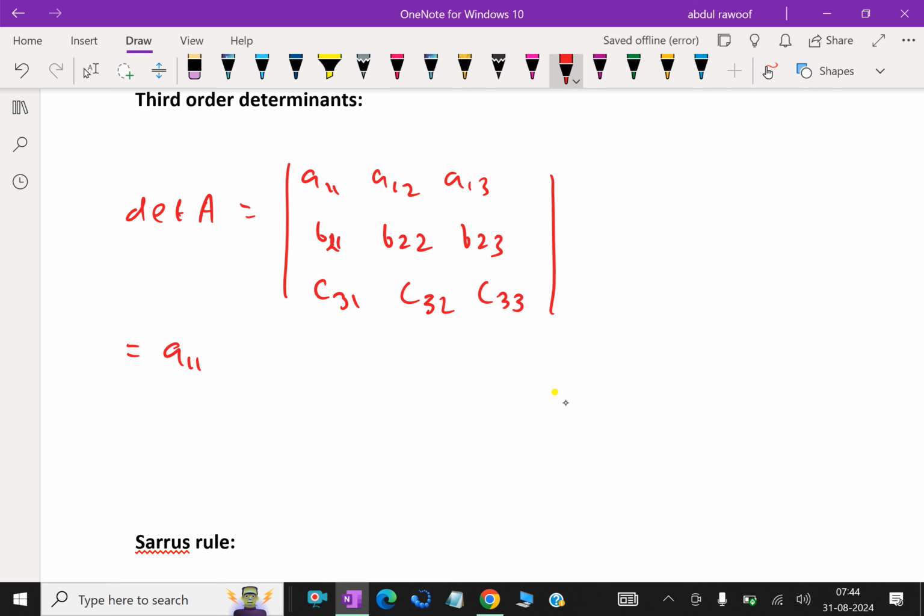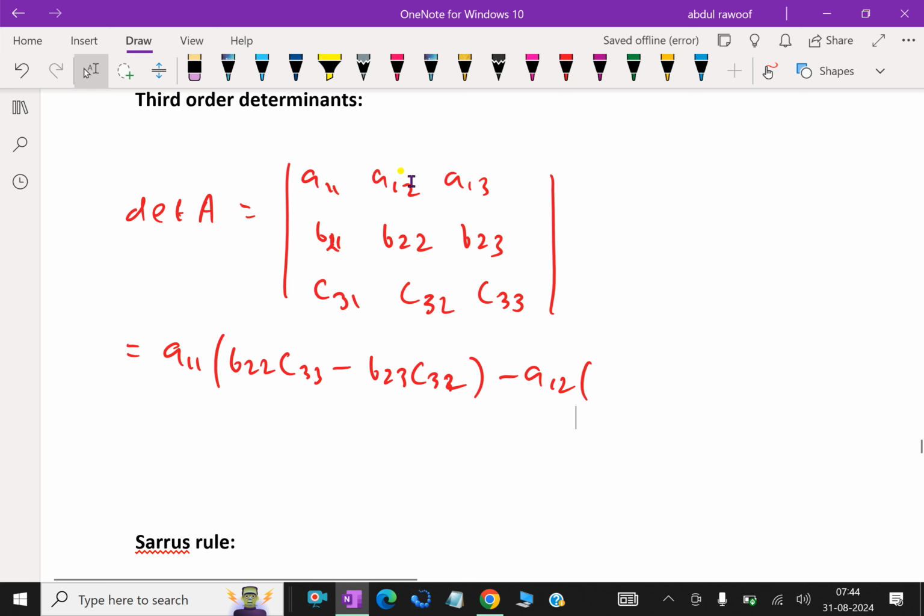First A11 cross multiply of this one, B22 into C33 minus these two things, B23 C32, minus A12.